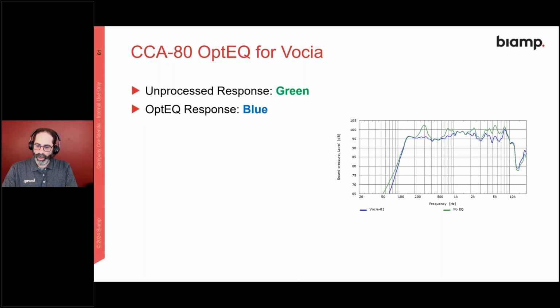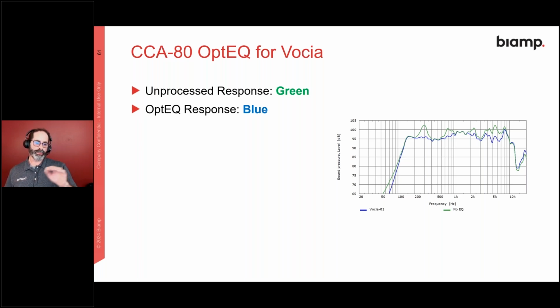Vocia users, we have processing options also for Vocia deployments. So an unprocessed response here again is in green, and there is a set of 4 or 5 parametric filters that we have. It's basically a block of data that can be used in Vocia to optimize the response of speakers.